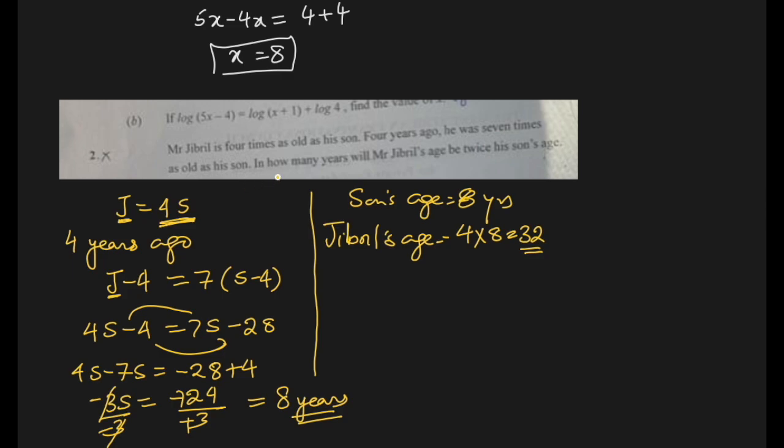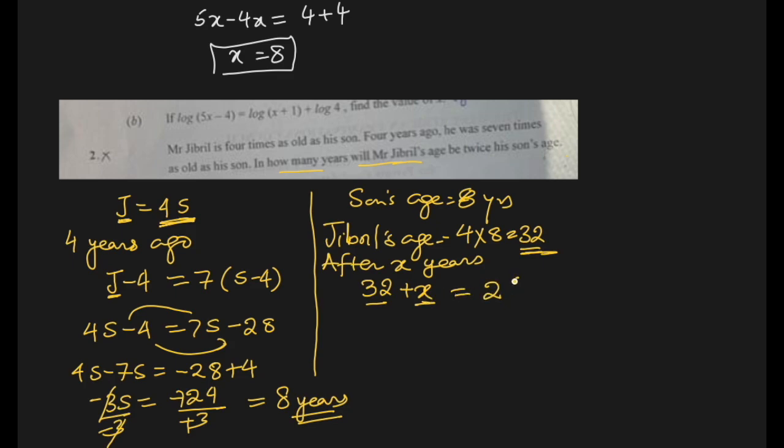Now they're saying, in how many years will Mr. Gabriel's age be twice his son's? His age right now is 32. So let's say after x years, it will be double. So 32 plus x, he's 32 right now. X years later, his age will be 32 plus x.